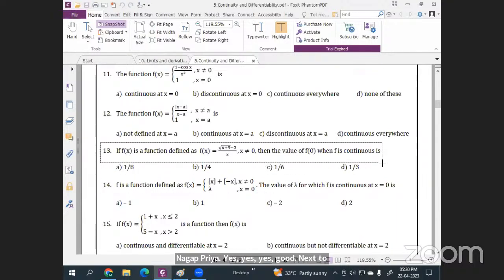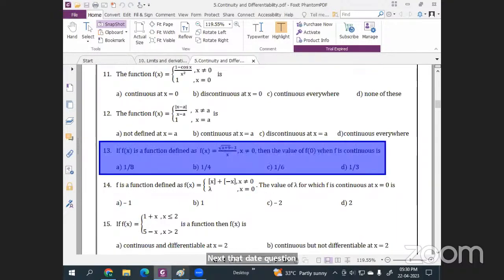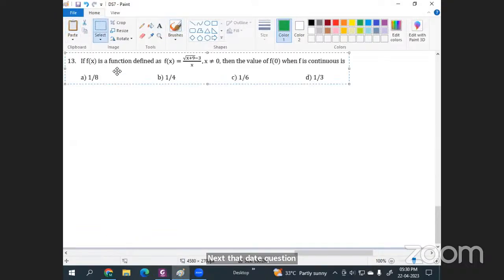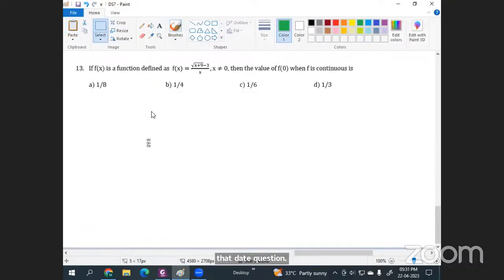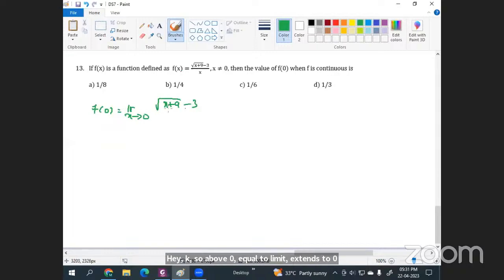Next, 13th question. Try from your end. f of x is a continuous function. Then the value of f of 0 when f is continuous is? So f of 0 equal to limit x tends to 0 of root of x plus 9 minus 3 by x.